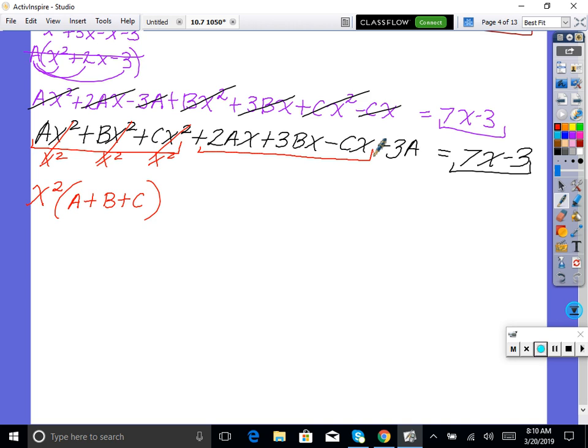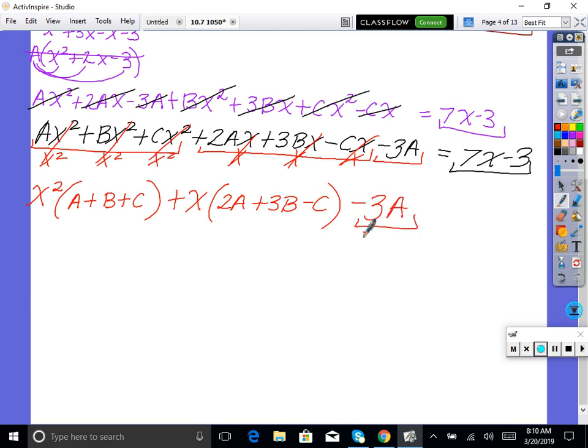Okay, well, let's factor out a positive x. So then left would be, divide by x, divide by x, divide by x. What would be left? 2a plus 3b. Yep. Minus c. Good. Now with this, our constant, nothing in common. So minus 3a, I'm just going to write as my constant.